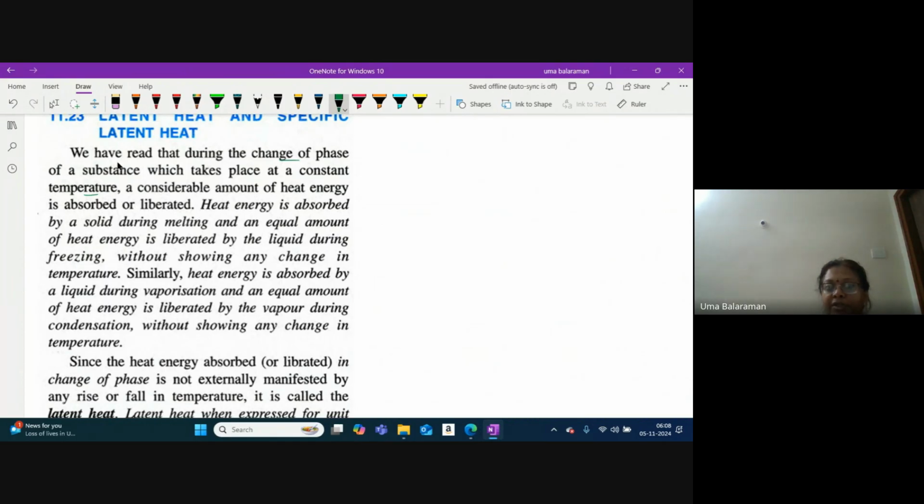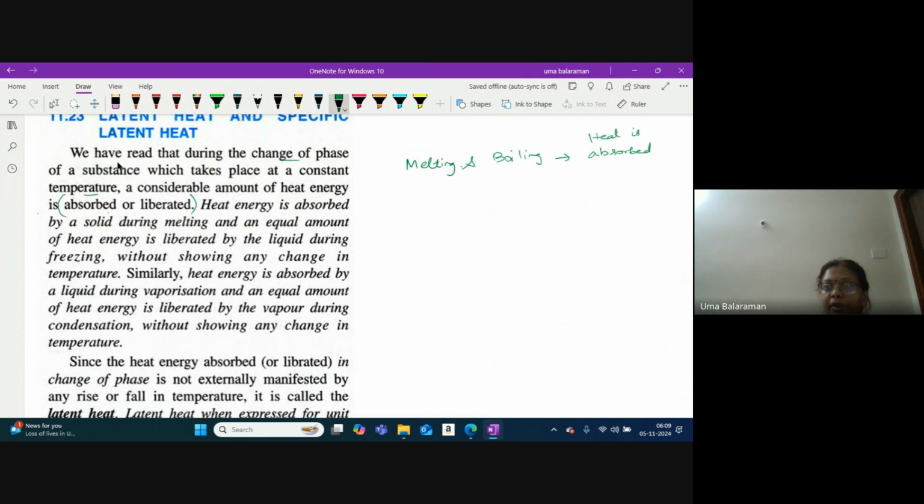So the heat energy can be absorbed or liberated. When will it be absorbed? If we are melting an ice cube and boiling water, heat energy is absorbed. During melting and boiling, heat is absorbed.